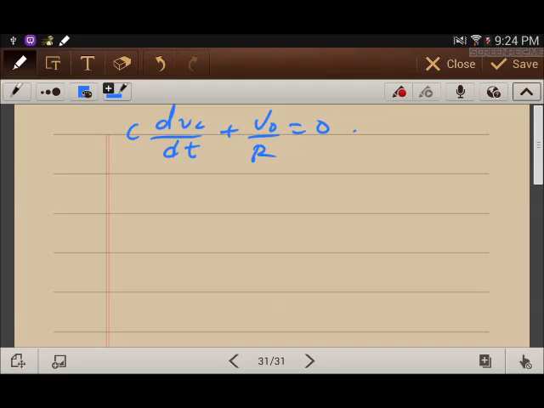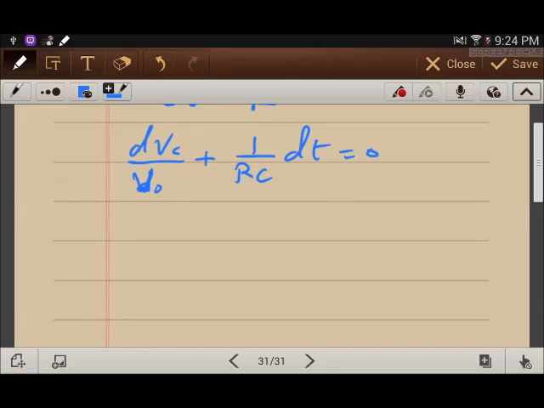To solve this differential equation, we simply say dVC over V output plus 1 over RC multiplied by dt equal to 0. So taking the integral for both sides, we get natural logarithm of VC minus V out plus 1 over RC multiplied by t equal to 0.